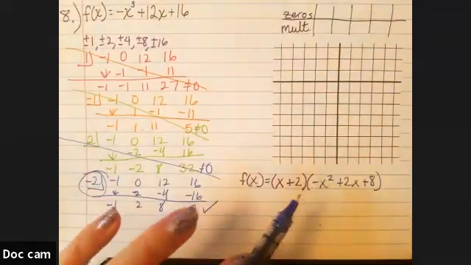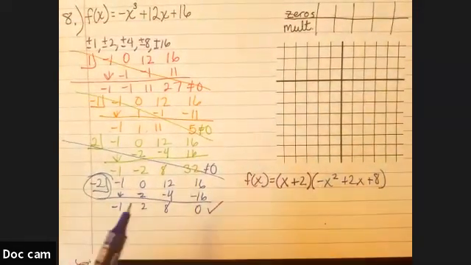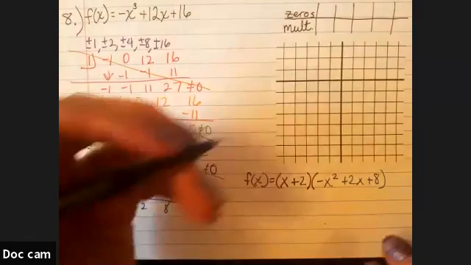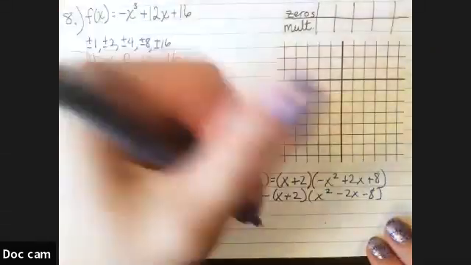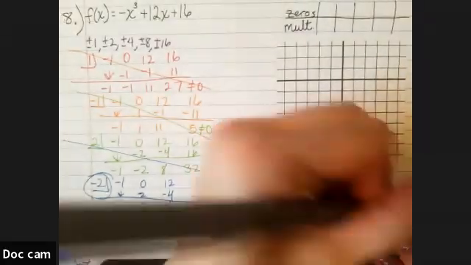I'm not cool with having that negative in front of that x squared, so I would factor that out to the front. So then that would be x squared minus 2x minus 8. And then I should be able to factor that. That'll be x minus 4 times x plus 2.